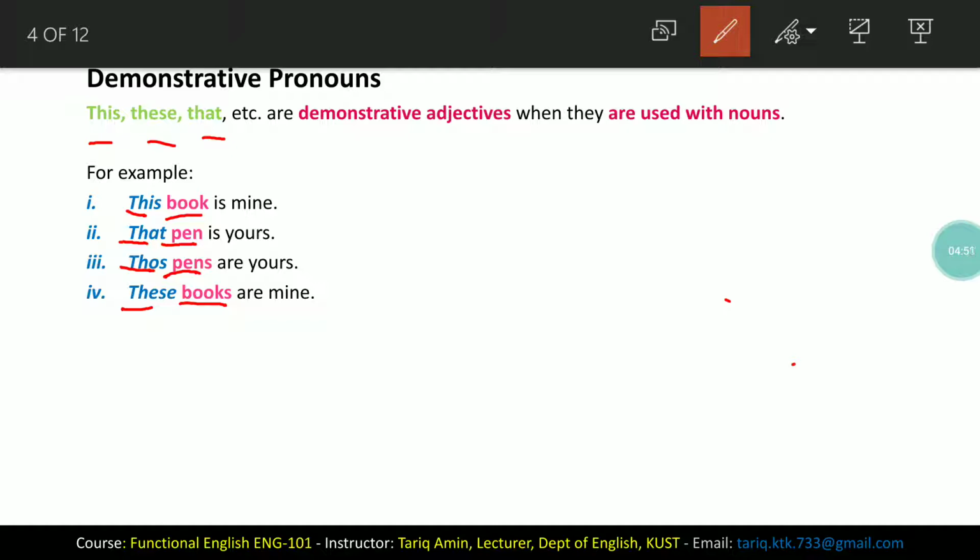So these words, this, these, that, those, etc. can be used as demonstrative pronouns, and they can also be used as demonstrative adjectives. They are demonstrative adjectives when they are used with nouns, and they are demonstrative pronouns when they stand alone in a sentence.